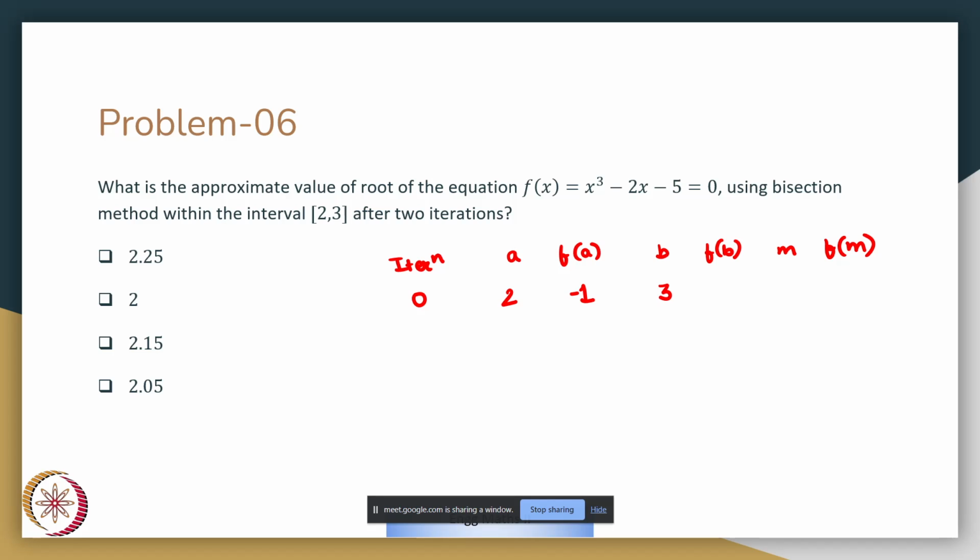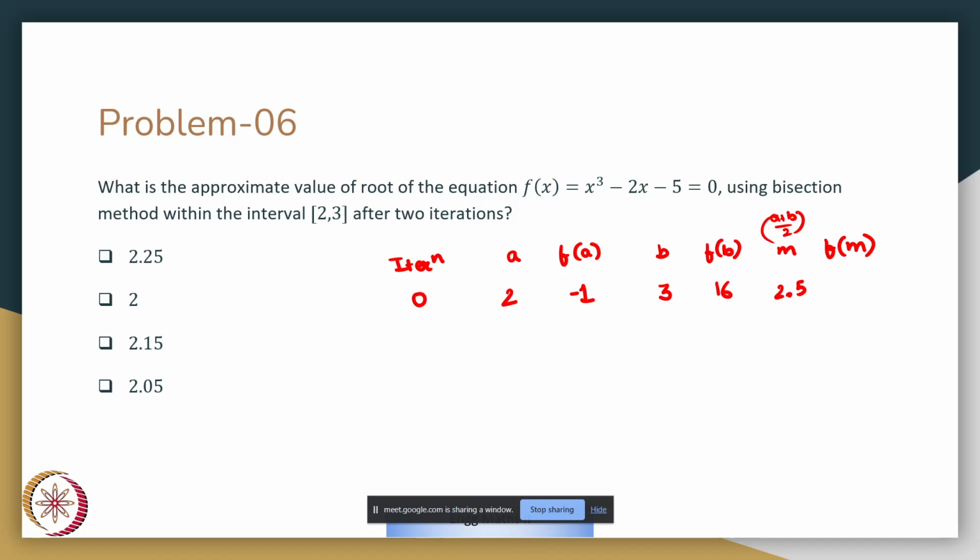So 27 minus 6 is 21, minus 5, which is 16. My midpoint m is equal to (a plus b) by 2, which is 2.5.